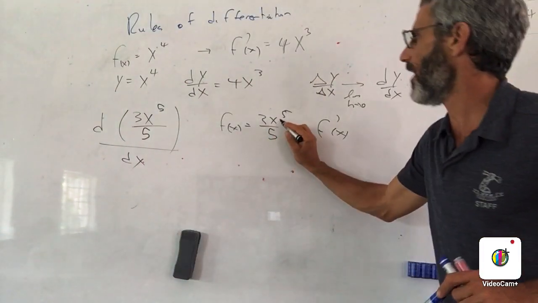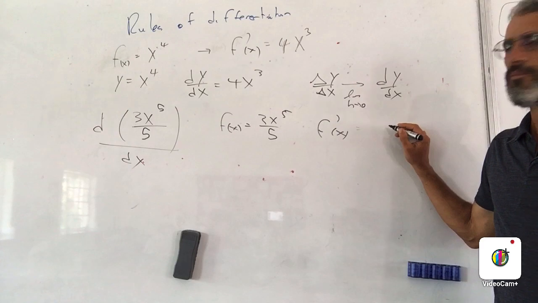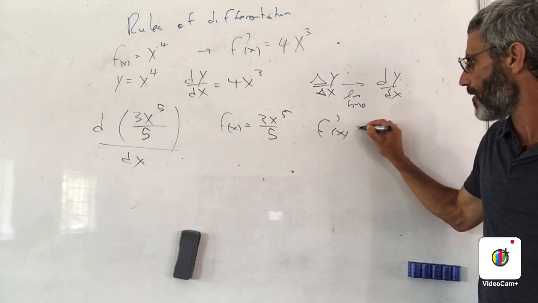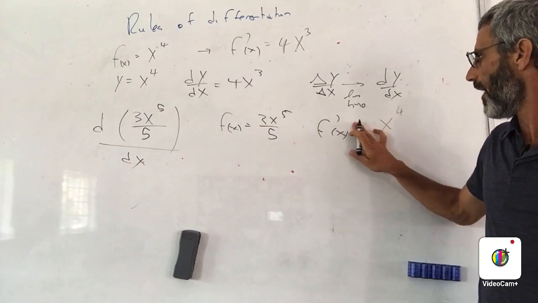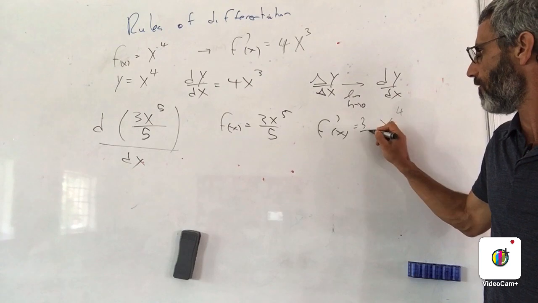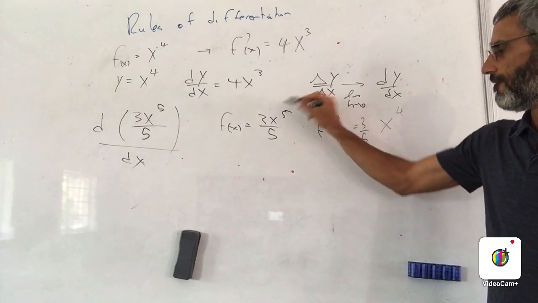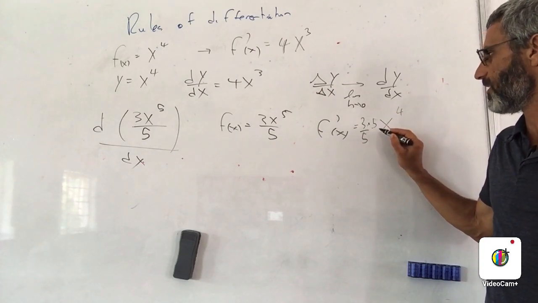If I have 3x to the power 5 divided by 5, what's the derivative of f? Let's start with the x. Always start with x. What will be the power of x? 4. Okay, and then I've got the 3 over 5, and I need to times it by 5, right? This is not 35, this is 3 times 5.